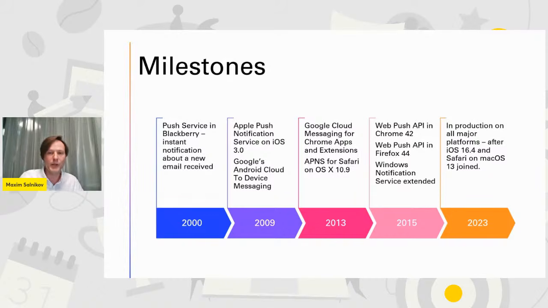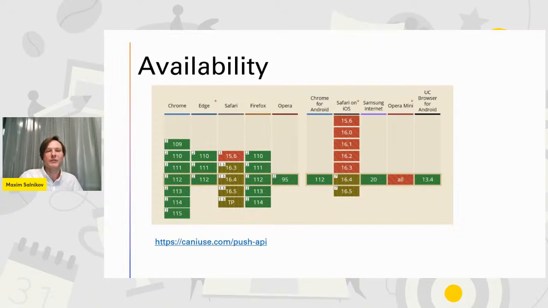And if we check the availability table for this particular standard, for this particular specification, you can easily check this on the caniuse.com website, a super useful one. Yeah, you see that pretty much all major platforms are either green or kind of grass green. That means that it's at least partially available.